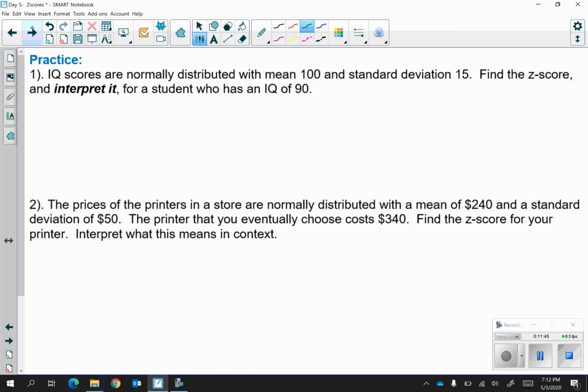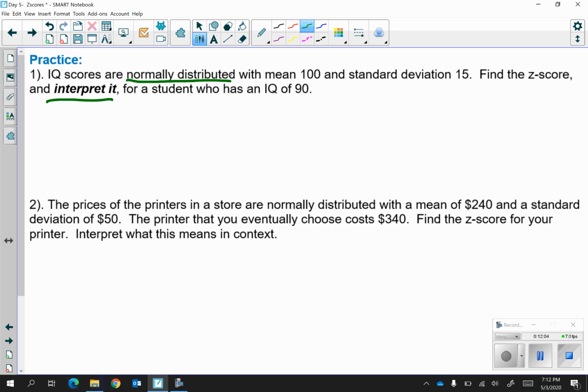IQ scores are normally distributed with a mean of 100 and a standard deviation of 15. Find the z-score and interpret it for a student who has an IQ of 90. Really important, they say that it is normally distributed, which allows us to actually do this.